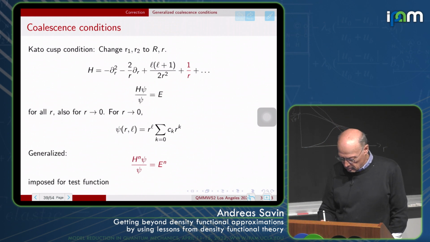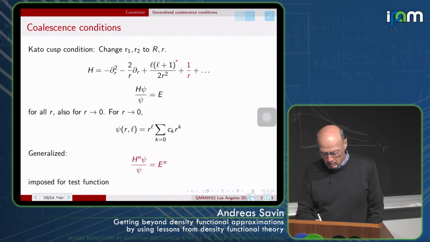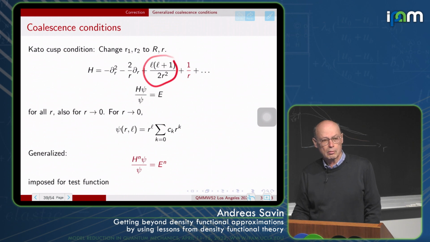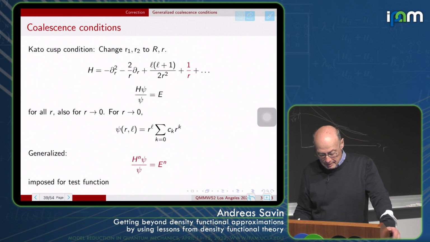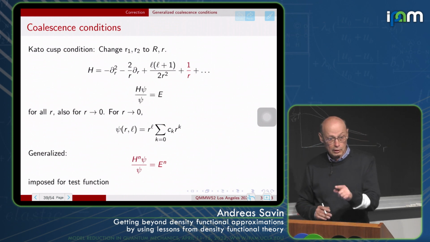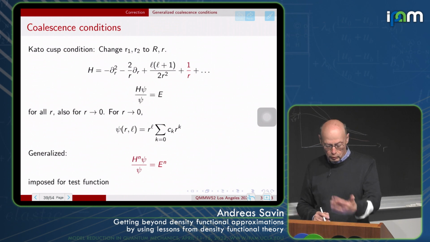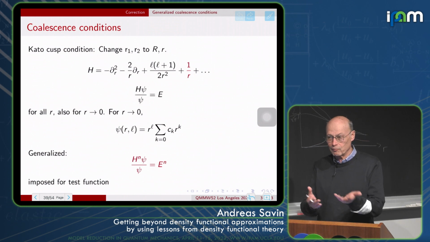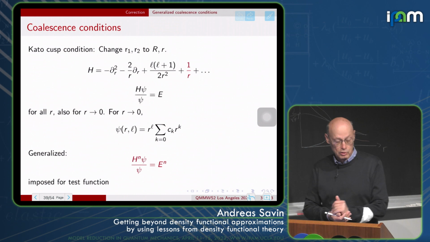But you see here, for example, when you multiply psi by this term, you have a divergence on the left-hand side. So what's happening there? The wave function must have a special structure in order not to produce a divergence. So put it in and see what the behavior of the wave function is.